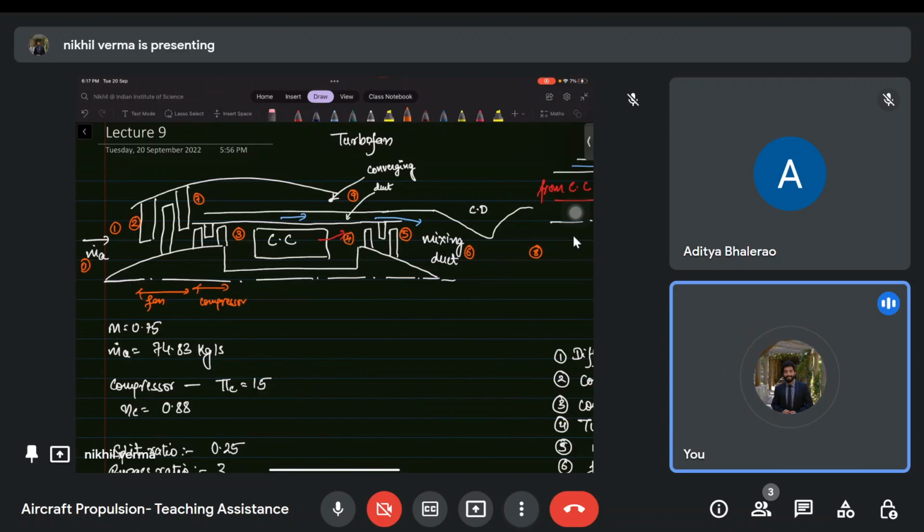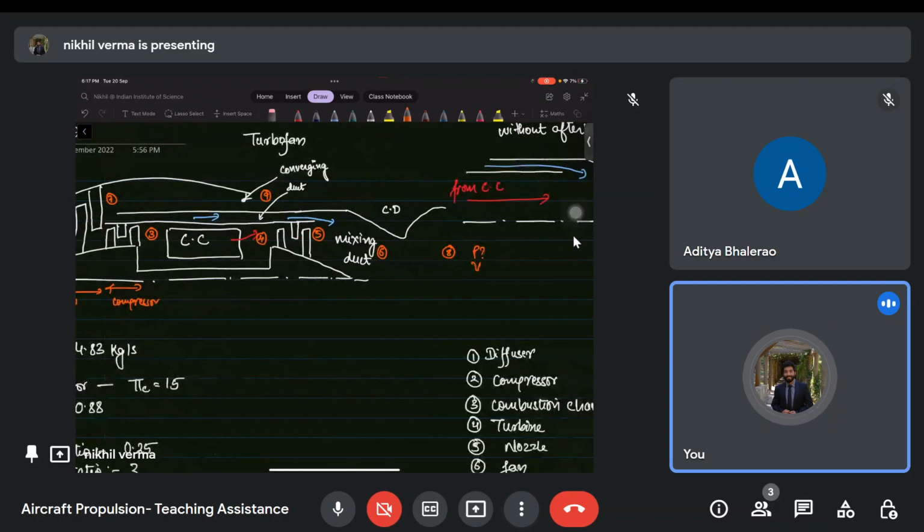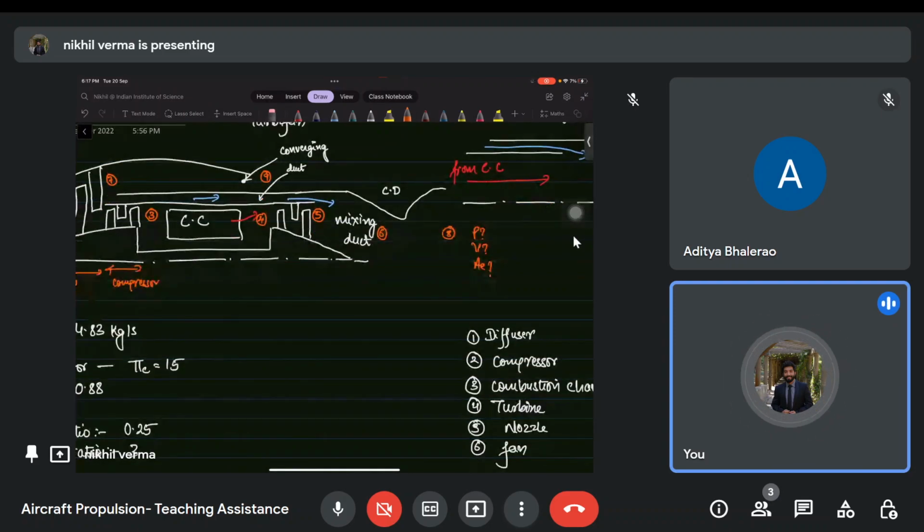In all the questions which you see for this gas turbine analysis, you need to find the pressure at the exit, velocity at the exit, area at the exit, because at the end you have only the equation for the thrust, that contains m dot a into (V exit minus U inlet) plus (p exit minus p ambient) into A exit, right?